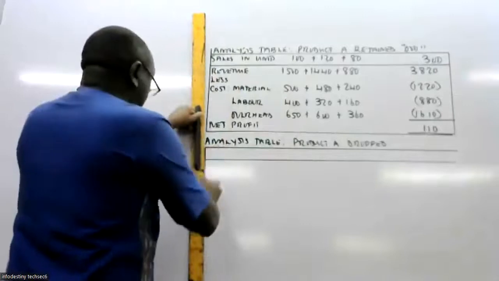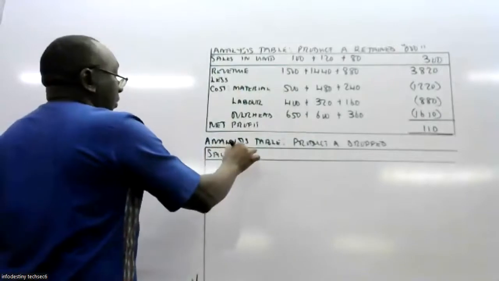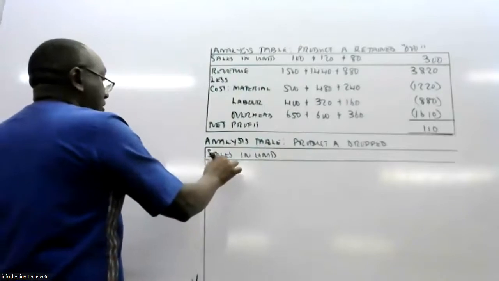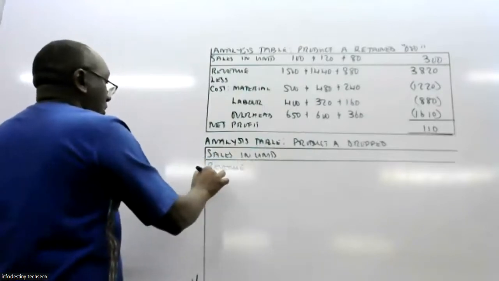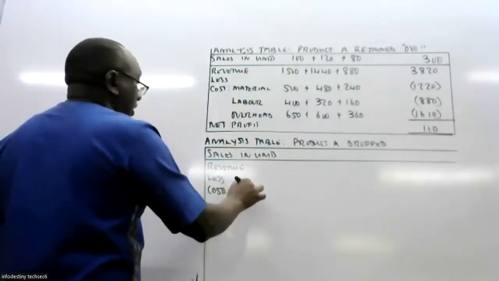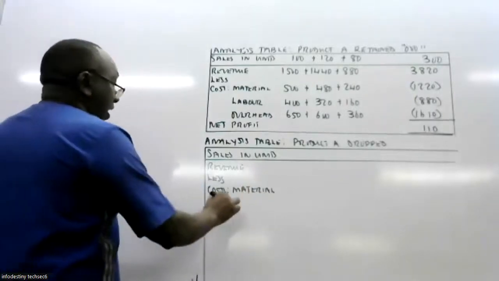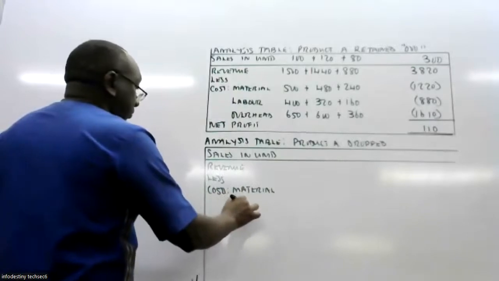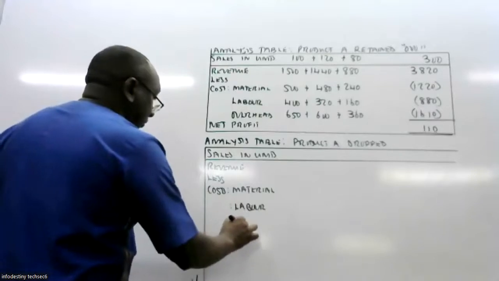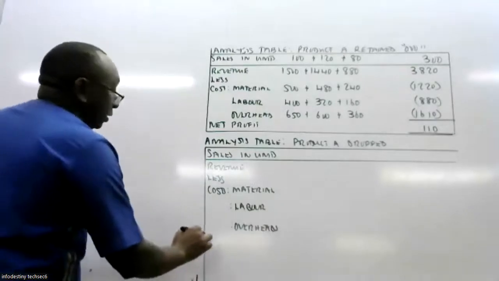Product A drops. So we will have sales in units. Then we will have revenue with less costs. And these costs we have material, we have labor, we have overheads.